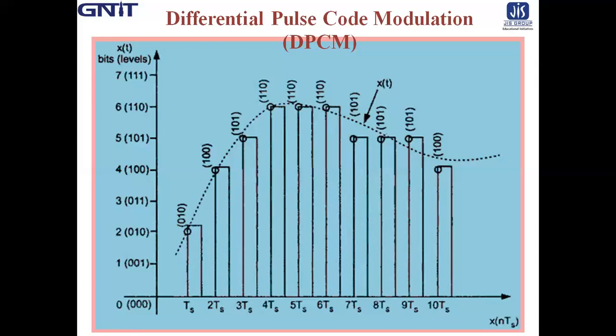This type of digital modulation scheme is known as differential pulse code modulation. In this case, just the redundancy bits are reduced. Therefore, the overall bandwidth will be reduced. So DPCM is a technique by which we can reduce or suppress the redundancy bits. Okay.